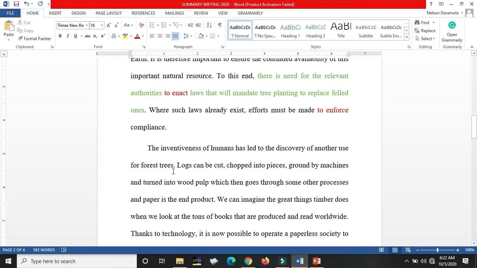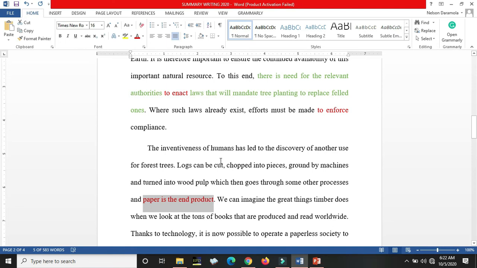Now the other use for forest, you can see this is another direction towards answer to A. Logs can be cut, chopped into pieces, ground by machine, and turned into wood pulp, which then goes through some other processes, and paper is the end product. We can imagine the great things timber does, and we look at tons of books provided and read worldwide.